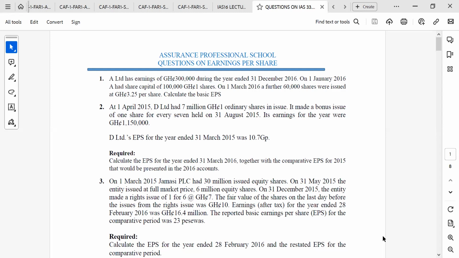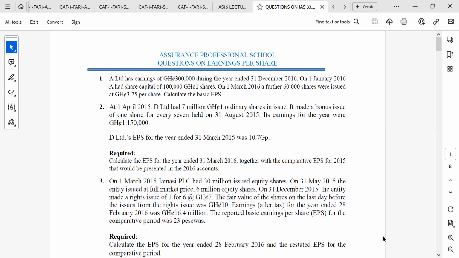D Limited's earnings per share for the year ended 31 March 2015 was 10.7 pesos. Required: calculate the earnings per share for the year ended 31 March 2016, together with the comparative earnings per share for 2015 that will be presented in the 2016 accounts.